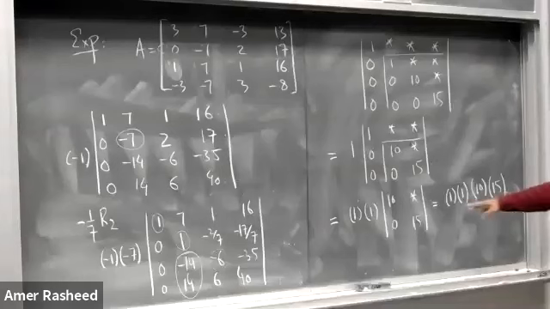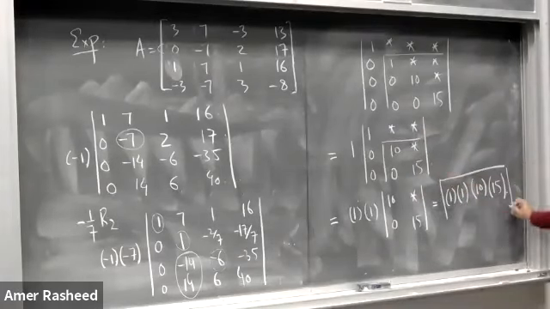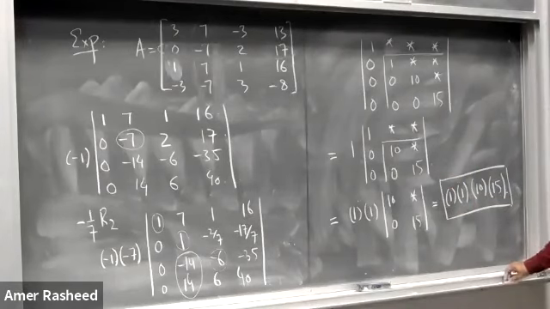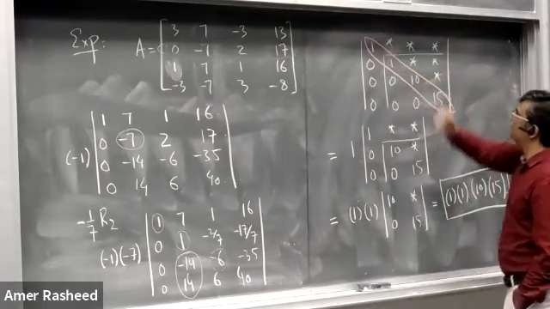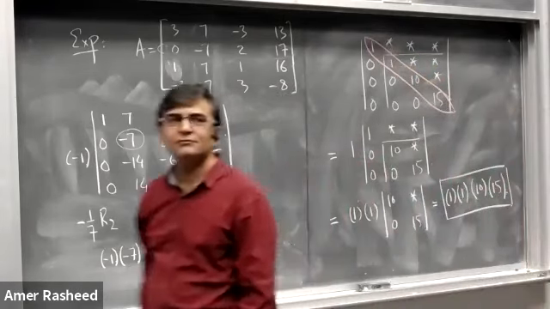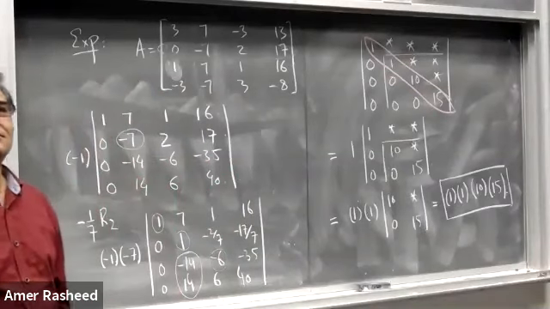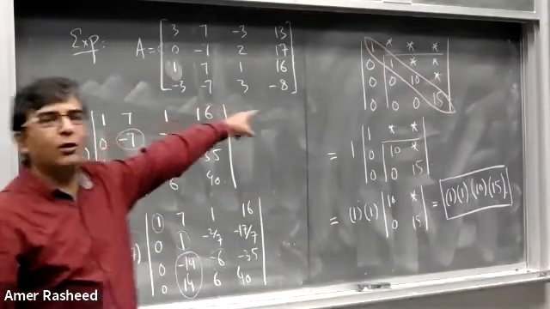Now, if you go back, what is this product? It is basically the product of the diagonal entries in that echelon form of that matrix.